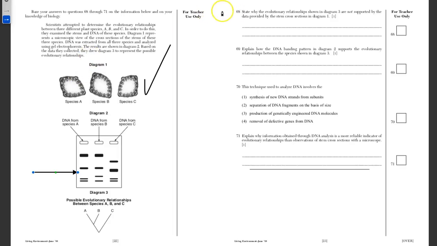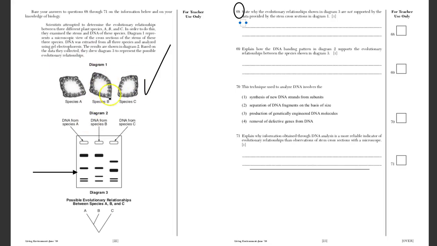Let's take a look at number 68. State why the evolutionary relationship shown in diagram 3 are not supported by the data provided by the stem cross-sections in diagram 1. So let's take a look at diagram 1. Do all 3 stems look similar or different?